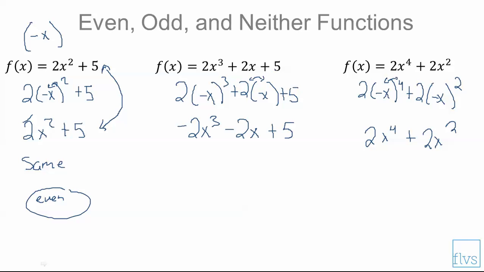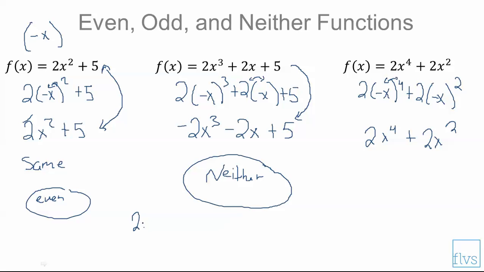Okay, this one, the middle one, the first number is the exact opposite, the second number is the exact opposite, but the third number is the same. So that actually will be neither. This is a tricky one because for it to be odd, if this plus 5 weren't here, let's do one without the plus 5 so you can see what I mean. 2x to the third plus 2x.